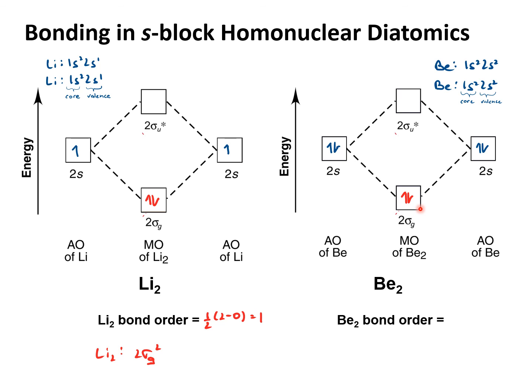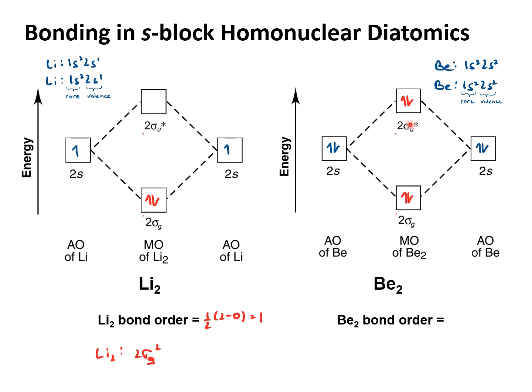The second electron is placed spin down in the 2 sigma g bonding MO. The third electron is placed in the next lowest energy molecular orbital, which happens to be the 2 sigma u star antibonding molecular orbital. And the fourth electron is also placed in the 2 sigma u star antibonding MO, but it would have to be placed spin down.